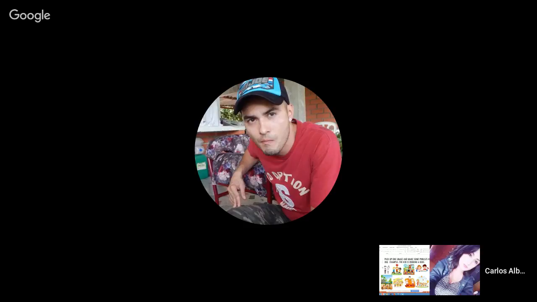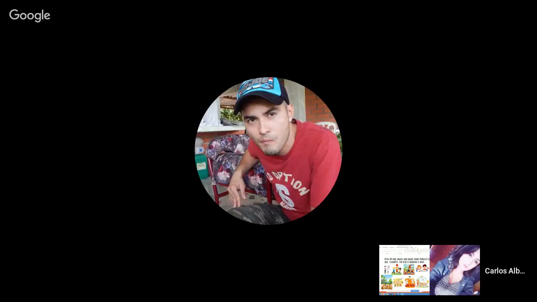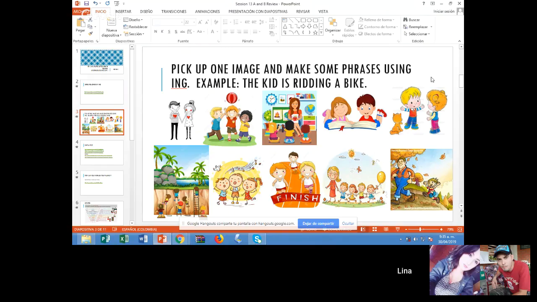I choose the second image. The guys are jumping to get the ball. Okay. Laura, what about you?